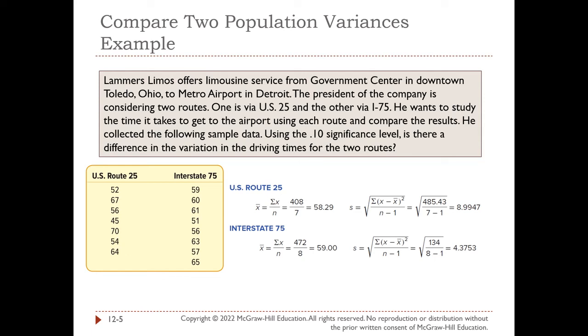Next, standard deviation is taking the sum of all x, the numbers, minus our mean, squared, divided by, since it's a sample, n minus 1. So now we've got our two standard deviations, which again we'll have to square to get our variance.